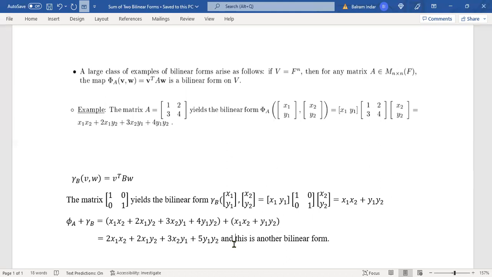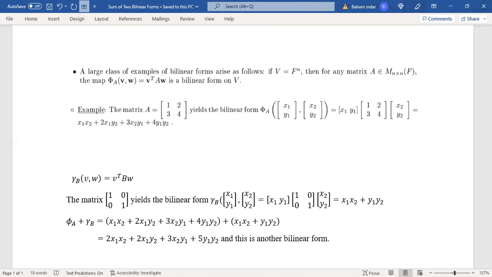So you see, yes, indeed, we have a linear map when we select any two vectors from R^n. You'll get a linear map when we substitute the respective x1, y1, x2, y2 values from those vectors here.